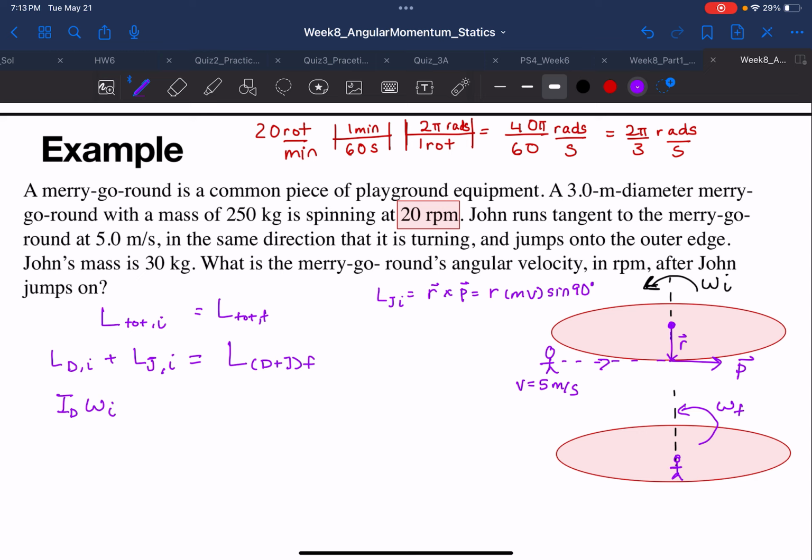So angular momentum of John is basically RMV, and this is the mass of John, by the way. This equals, now we need to find the total moment of inertia afterwards, which is I of disk plus John times omega final.